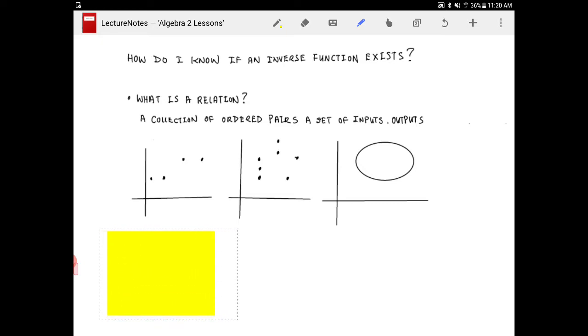This over here, which we are so familiar with at this point, is another example of a relation, a parabola. All the x and y coordinates on the parabola can be accounted for in a collection of ordered pairs. An ordered pair, again, is a set of input and output. So whatever x we throw into the quadratic equation, we can have a y coordinate to pair with that. So that's a relation.